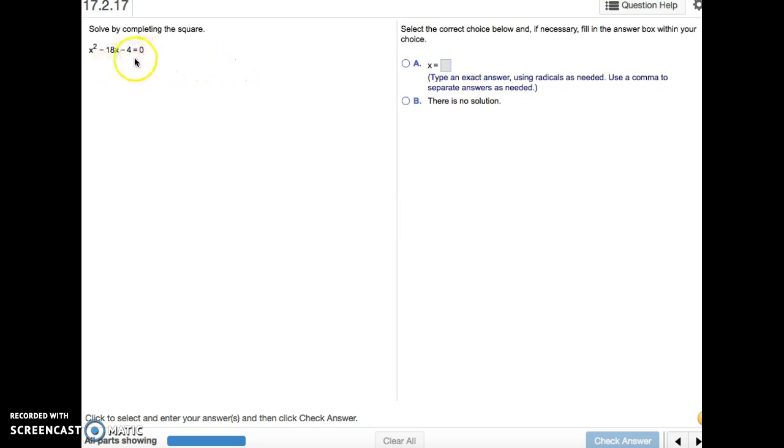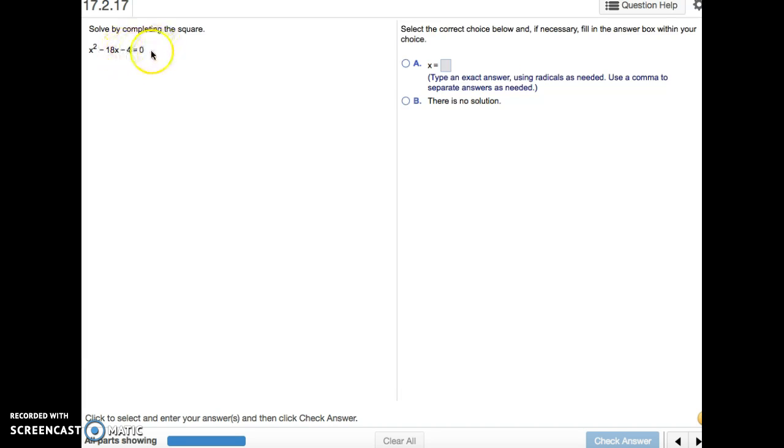The process of completing the square is different from factoring or graphing, in that we do not have to have it equal to 0. This one is equal to 0, but the first thing that we are going to do is move the 4, in this case add the 4 to the other side, so that I just get my square term and my x term.